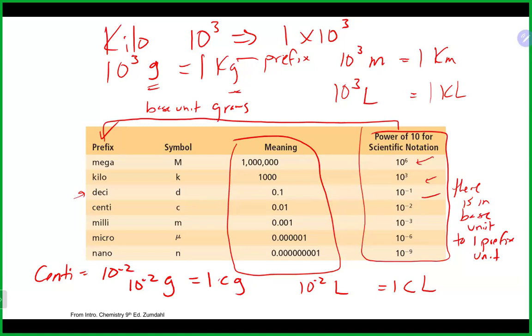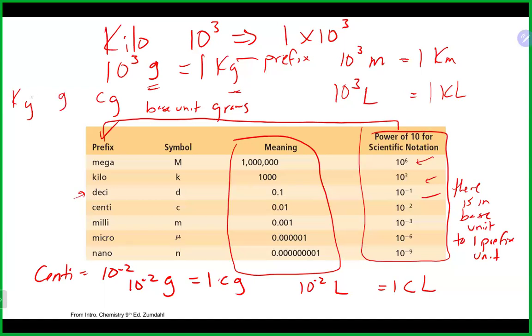I would also recommend, and we'll talk a little bit more about this later on, that if you're going from, say, prefix to prefix, say you're going from kilograms to, I don't care, centigrams, for example. Sometimes people try to figure out how to go directly from one to the other. And usually they screw up because they're moving the decimal point the wrong way and stuff like that. So what ties both of these together is grams, right?